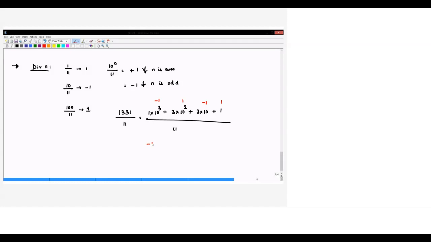So, this is minus 1 plus 3. This is minus 3. This is plus 1. Therefore, you do sum of alternate digits. That is the reason. Then you subtract it. So if their difference is 0, then you can say it is perfectly divisible by 11. Any doubt, please do ask.